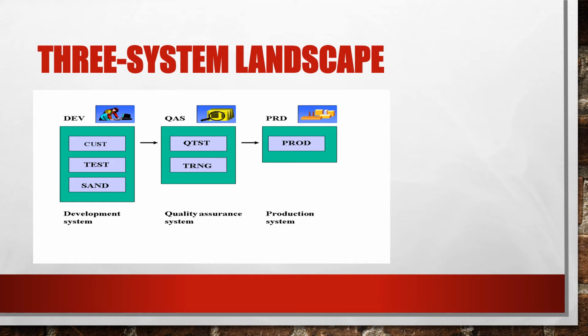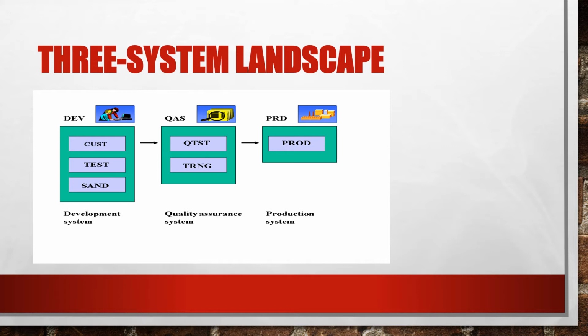Usually, a three system landscape is recommended, in which each of the central clients has its own SAP system. This consists of a development system, a quality assurance system, and a production system. The development system contains the customizing client, the quality assurance system contains the quality assurance client, and the production system contains the production client.